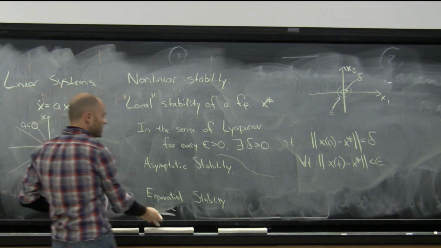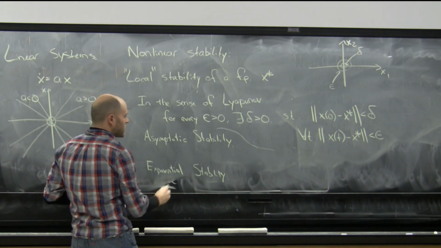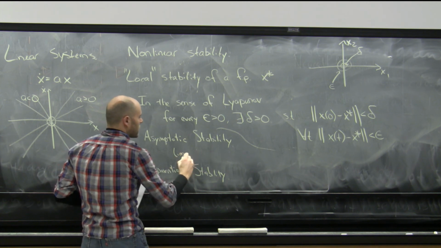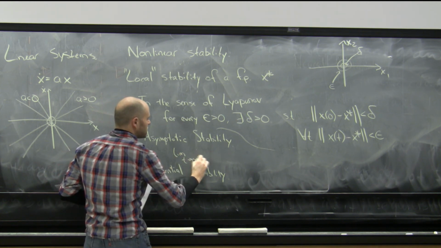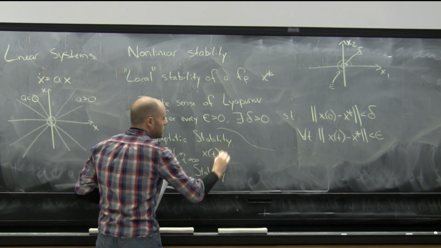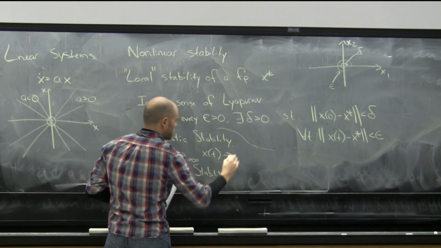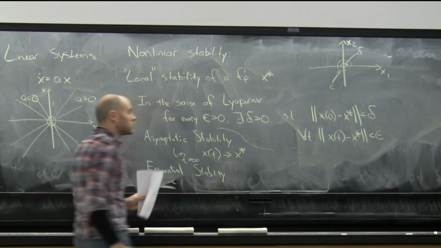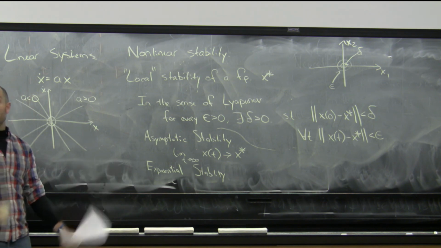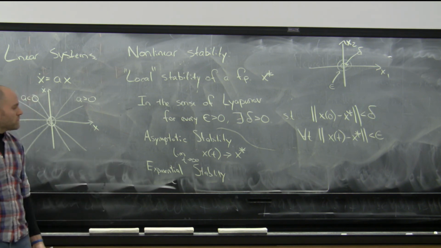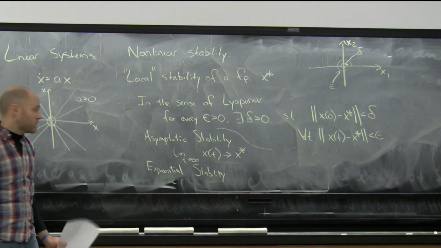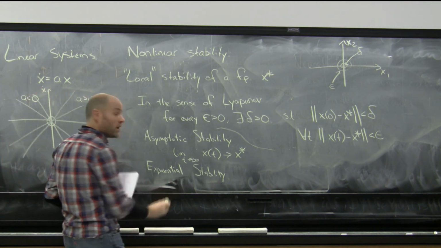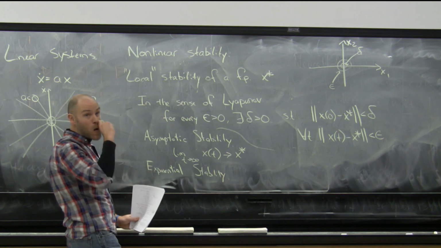Okay, asymptotic stability says that the limit as time goes to infinity of x of t goes to x star. But I'm going to get there as time goes to infinity. And exponential stability says that I'm going to get there, and I'm going to get there exponentially fast, right?